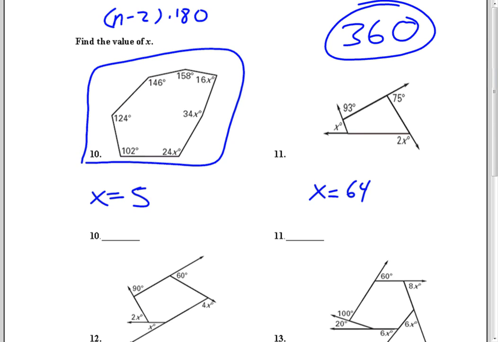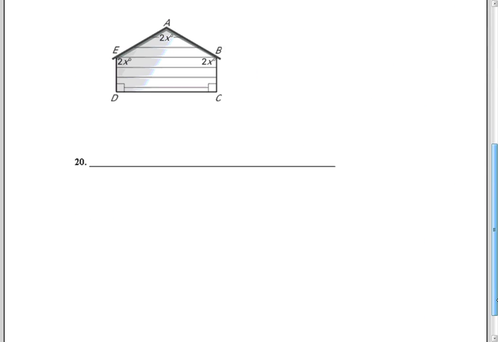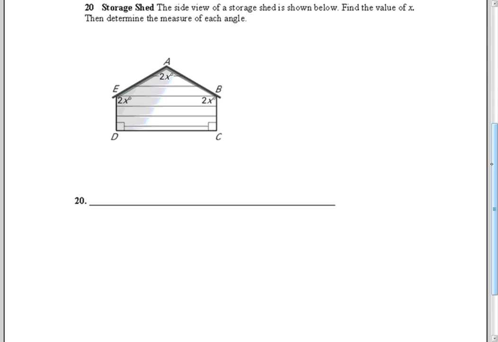Take a look at question 20. This is the same exact thing. Why are people folding into a ball when they see a word problem? Where are these angles? Inside. Well, that's just like the ones on page 1. So I know this is an n minus 2 times 180 problem. How many sides?